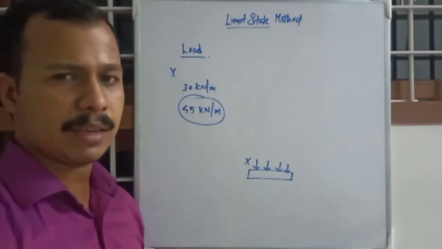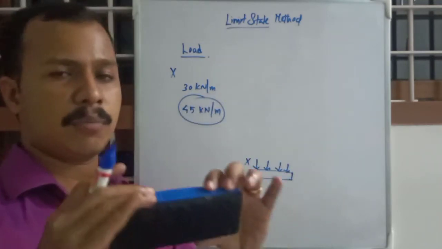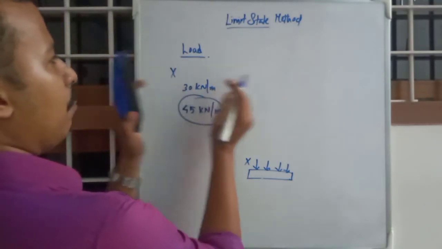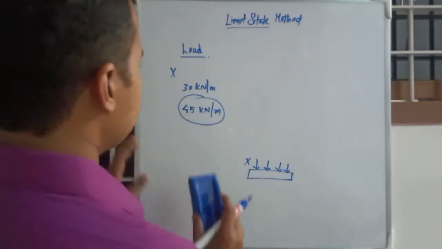It's just an approximated value, 45. If we design it for 60 kilonewton per meter, it will be even safer, right? So you need to amplify this load by a factor. That is the theory behind it, the key point.